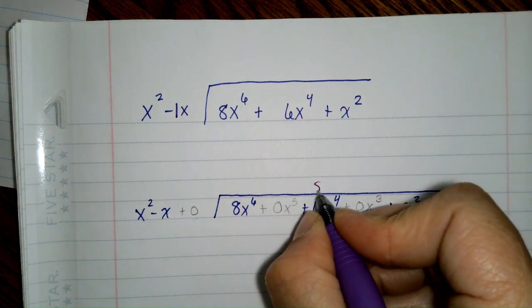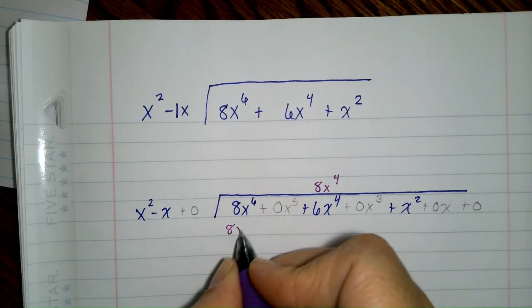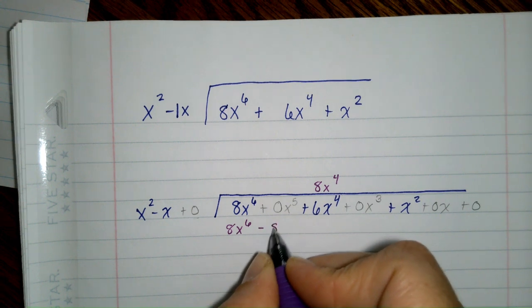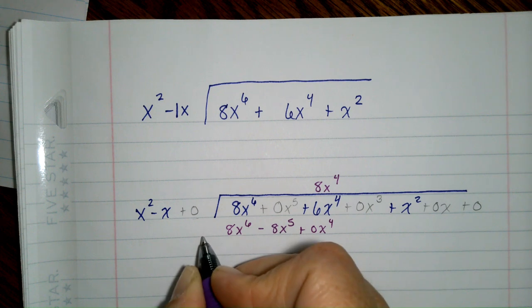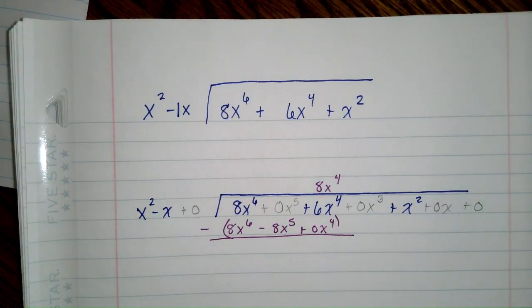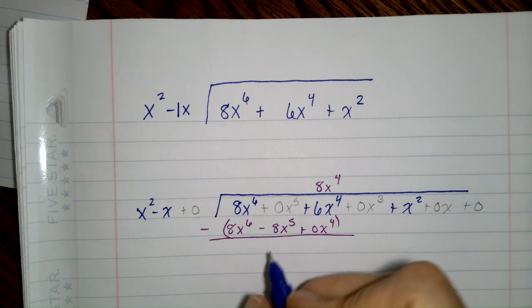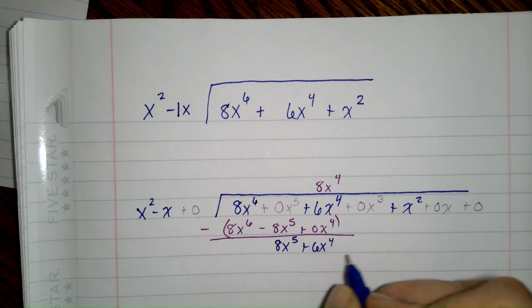We would need 8x to the 4th. That would give us 8x to the 6th minus 8x to the 5th plus no x to the 4th. And we've got to subtract all that. That would give us 8x to the 5th, 6x to the 4th.